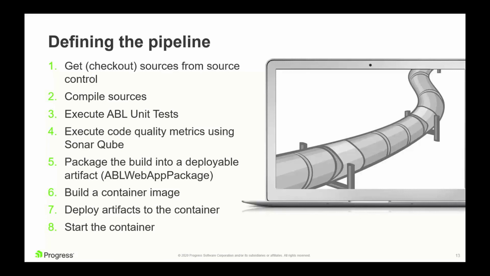You can deploy everything onto there and it runs straight up from there. So the next step is to build that container image, deploy the artifacts there, and get it started and make it actually work.